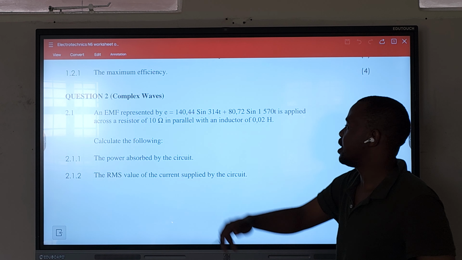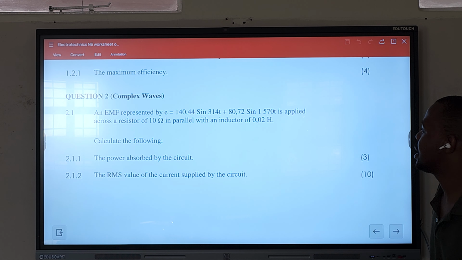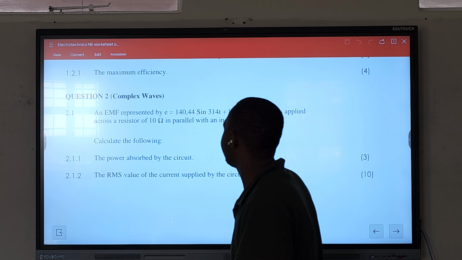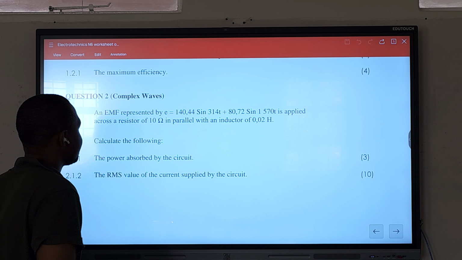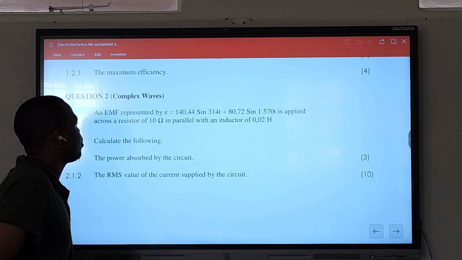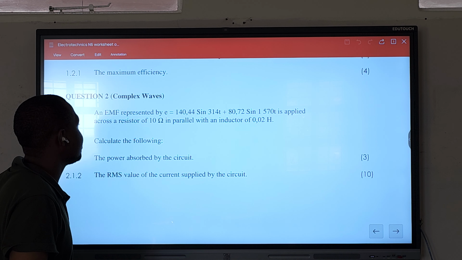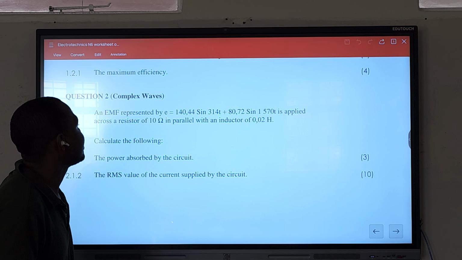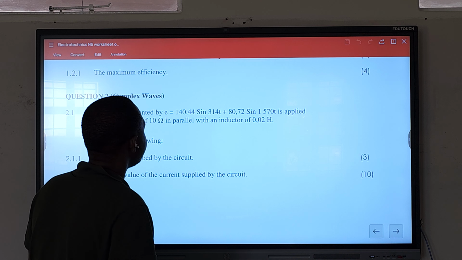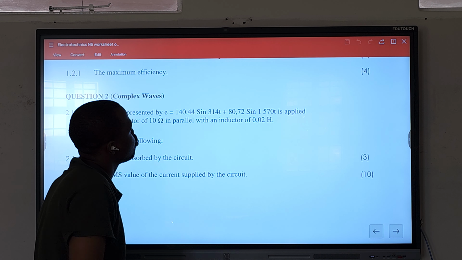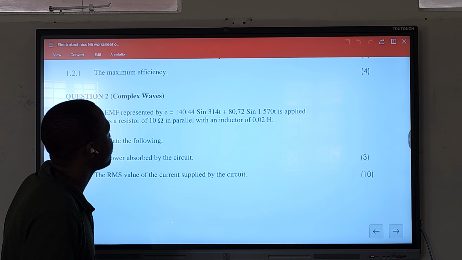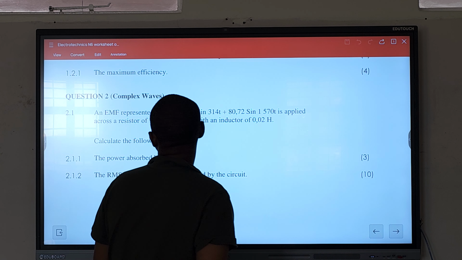They say there an EMF represented by E is equals to 140,44 sine 314t plus 80,72 sine 1570t is applied.